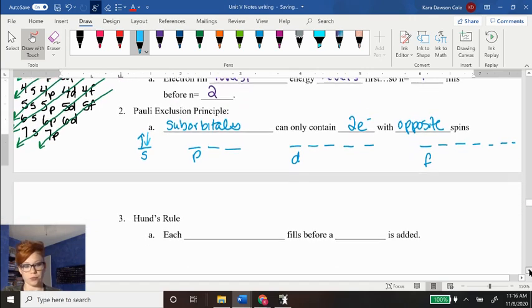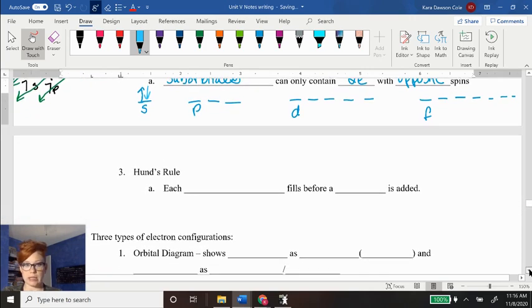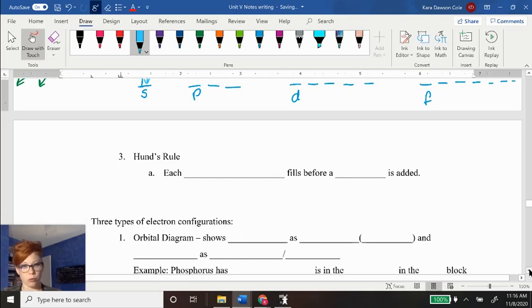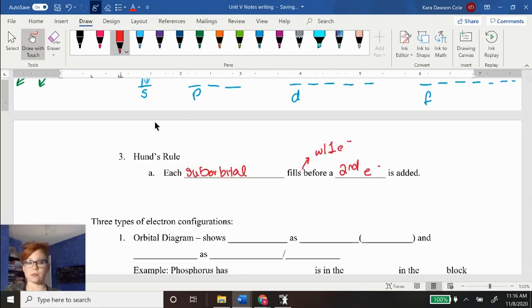Hund's rule states that each suborbital will fill with 1 electron before a second electron is added. So this really only applies to p, d, and f.